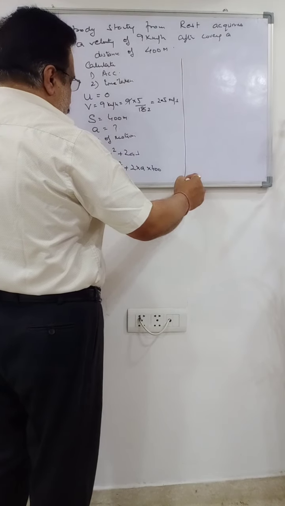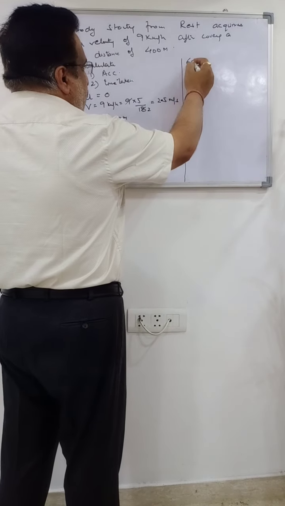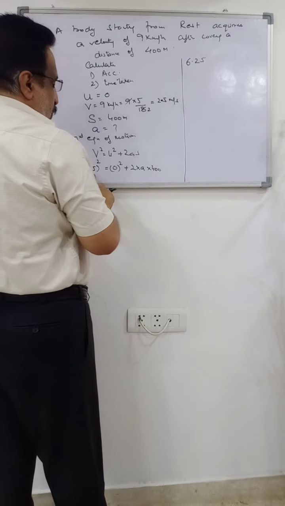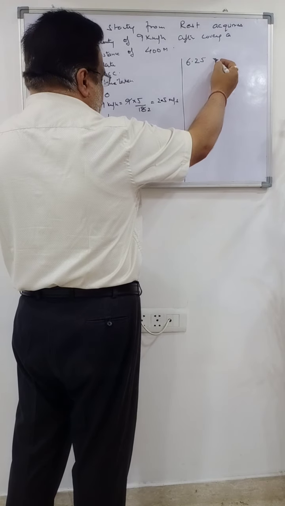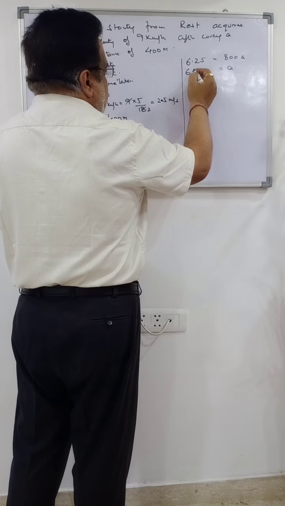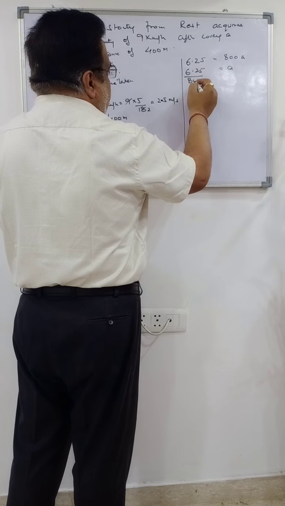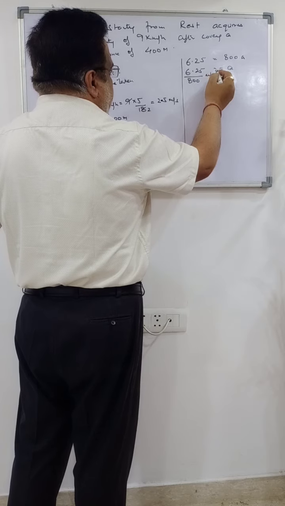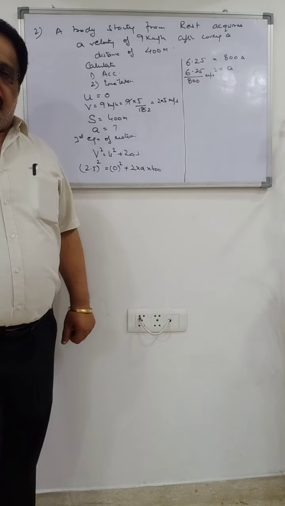What does it come out to be? 6.25, the square of 2.5, is equal to 0 plus 800A. So what is A? 6.25 divided by 800 meter per second square is the acceleration.